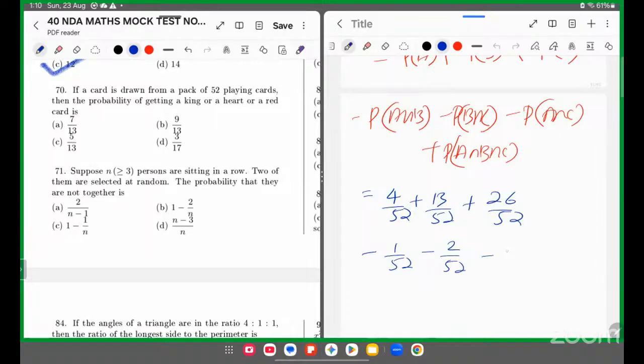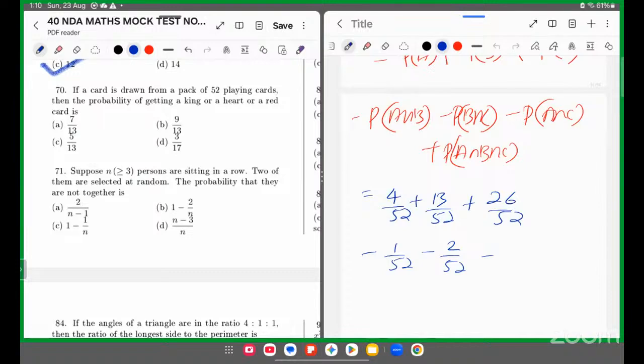Heart should also come. Heart and red means that is also the same. King heart, 1 by 52.